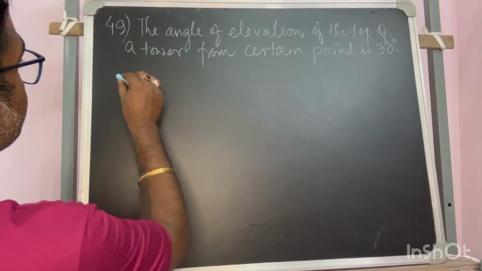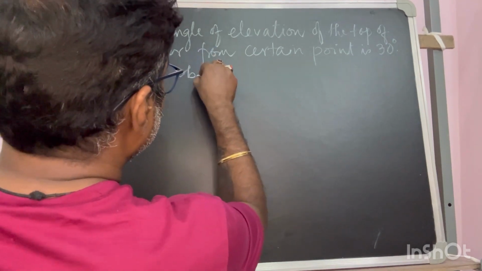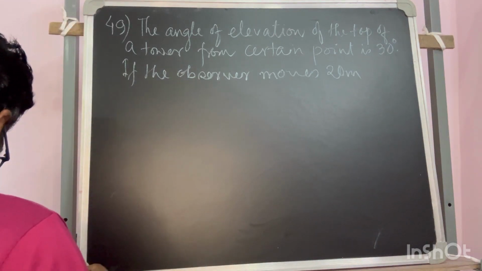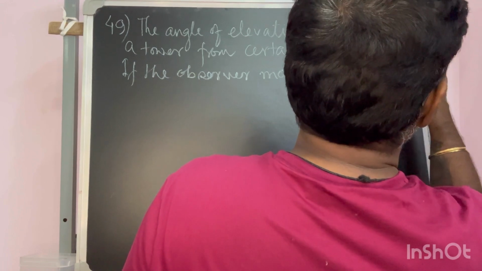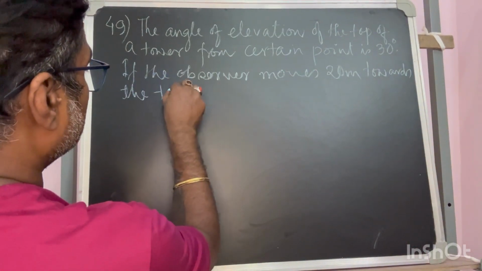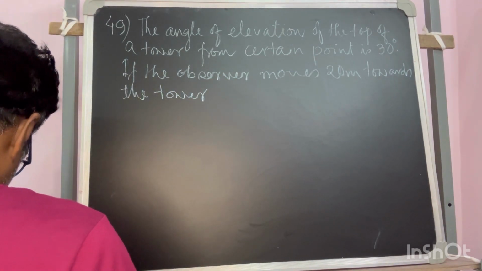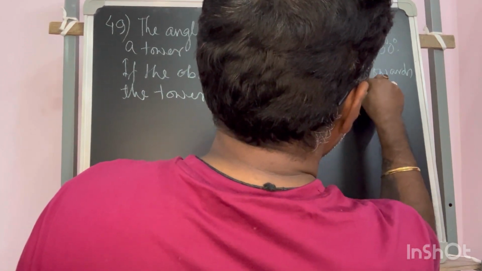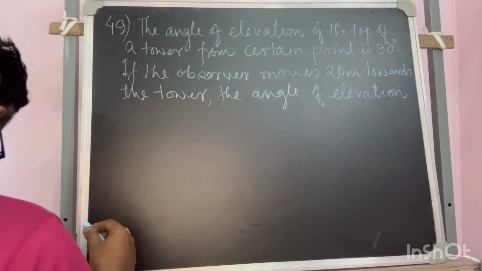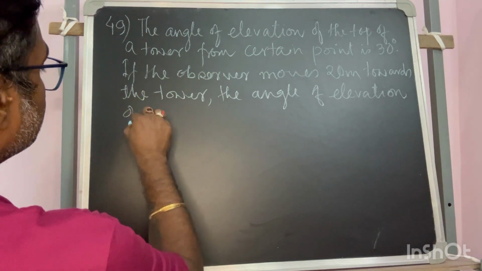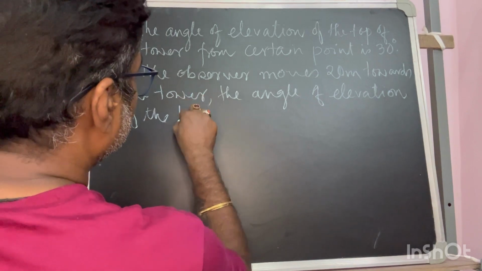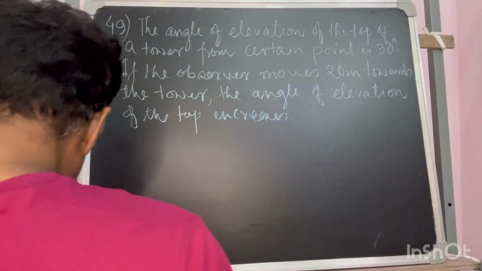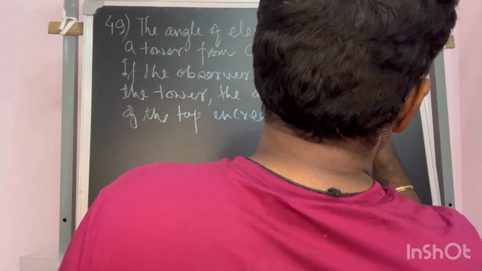If the observer moves 20 meter towards the tower, the angle of elevation of the top increases by 15 degree.